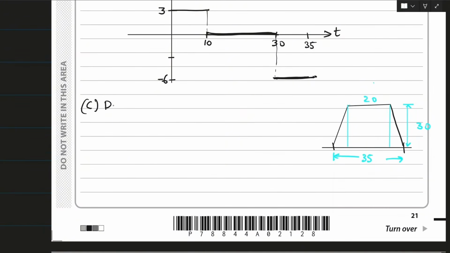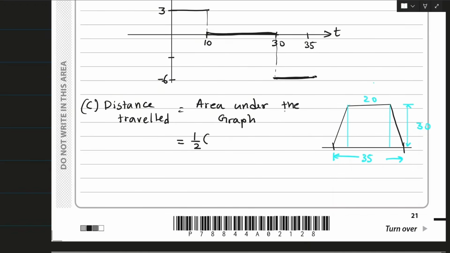So we can write the distance traveled is equal to the area under the graph, and area under the graph in this case is a trapezium, so area under the graph would be equal to half (a plus b) into h, and a is 20 here.